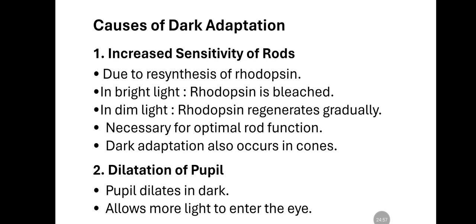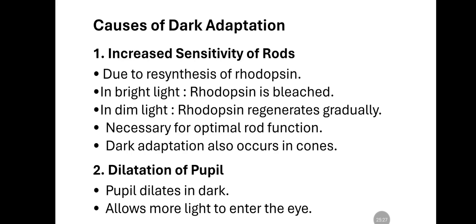Causes of dark adaptation: increased sensitivity of rods due to resynthesis of rhodopsin. In bright light, rhodopsin is bleached. In dim light, rhodopsin regenerates gradually, necessary for optimal rod function.